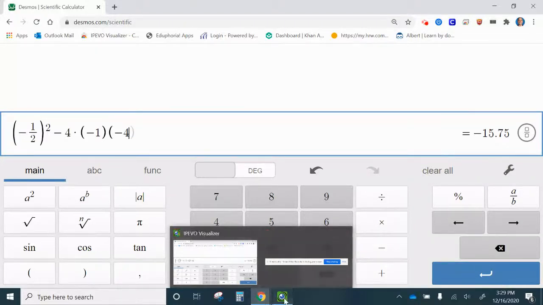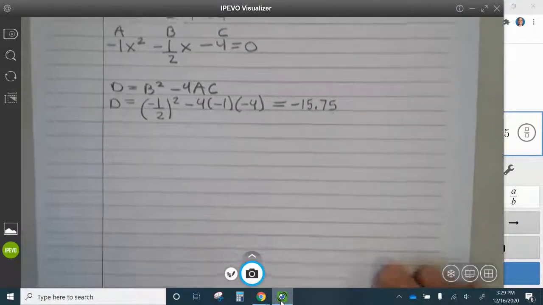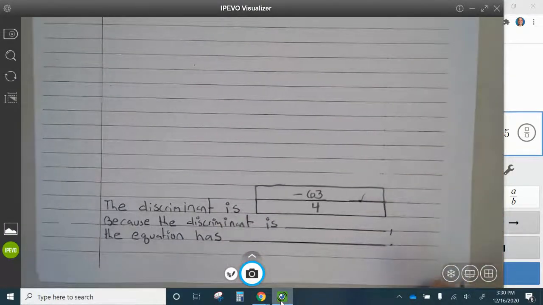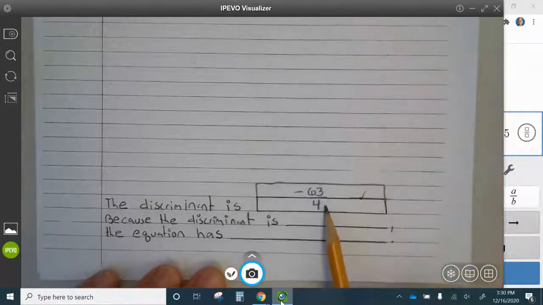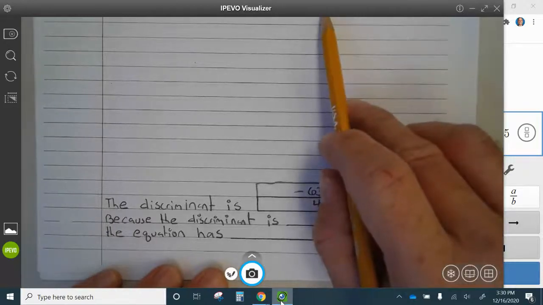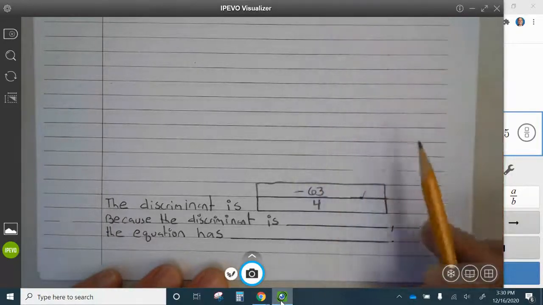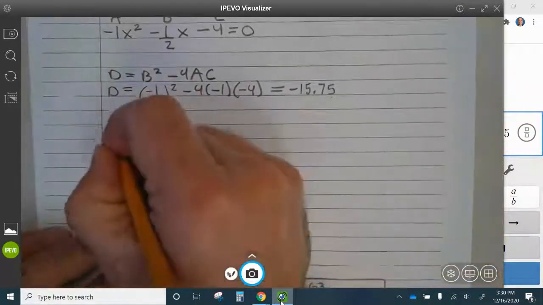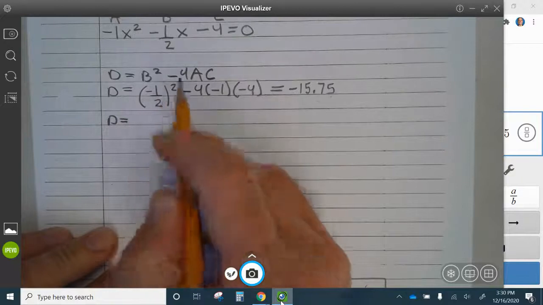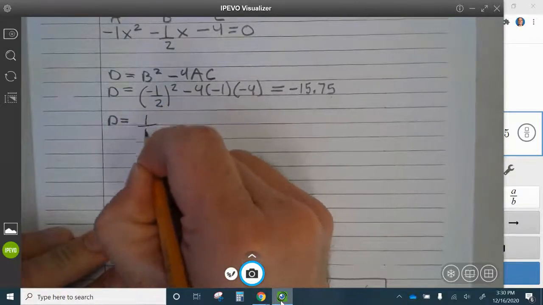Okay. So the discriminant, now, and I wrote this to remind myself that they're going to want that in fraction form. So using Desmos isn't going to work for that, okay? So what we're going to have to do is work this out algebraically. Okay, negative 1 over 2, squared, is 1/4.